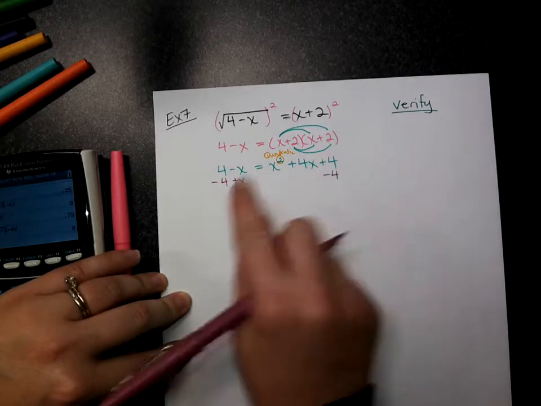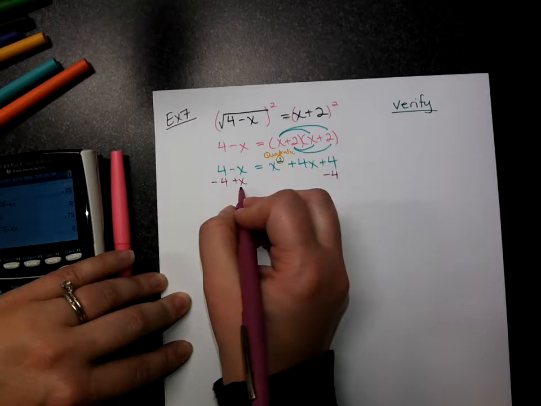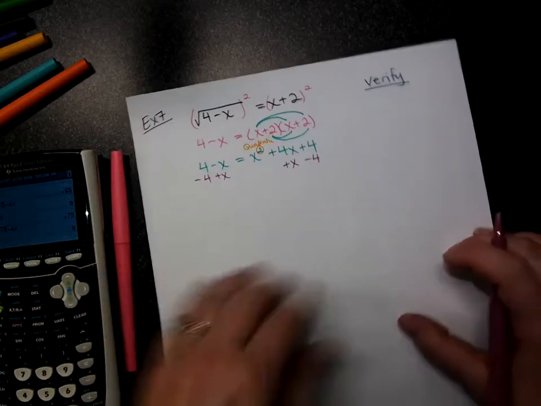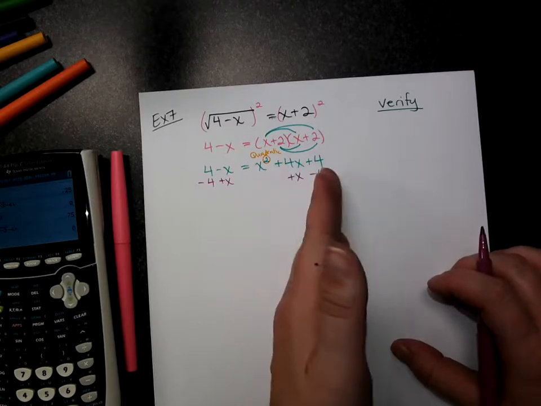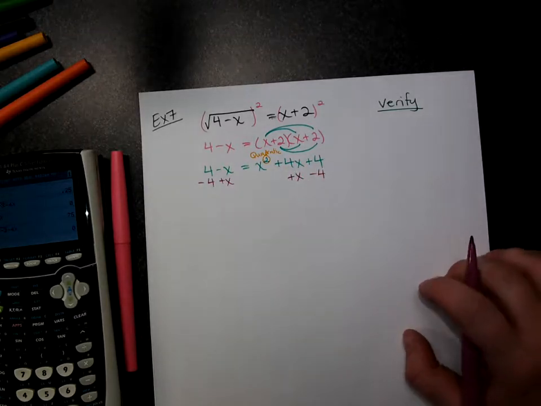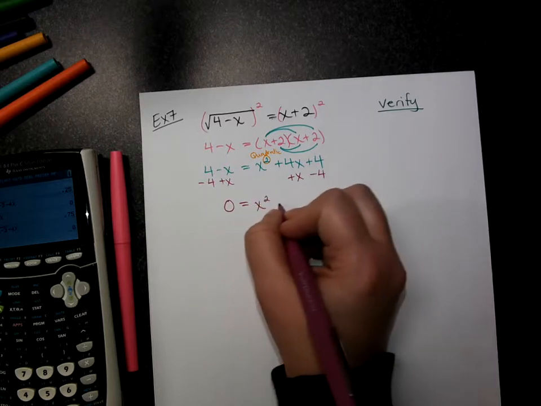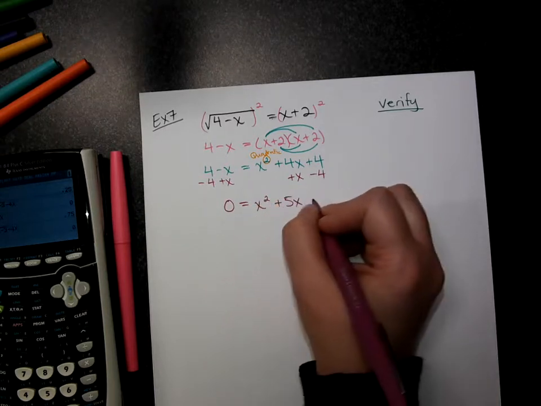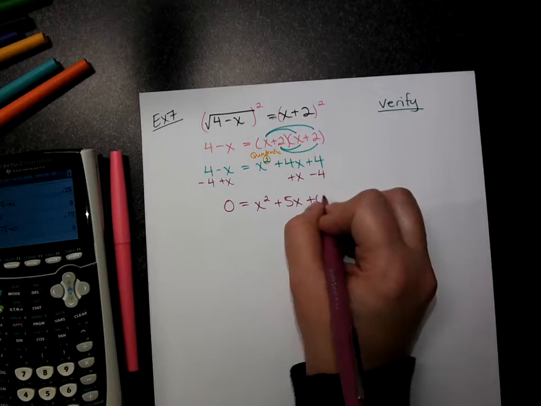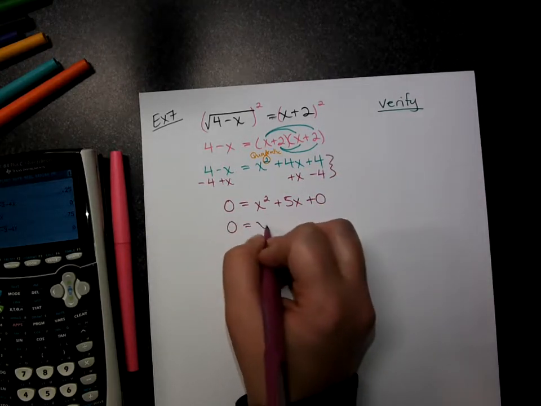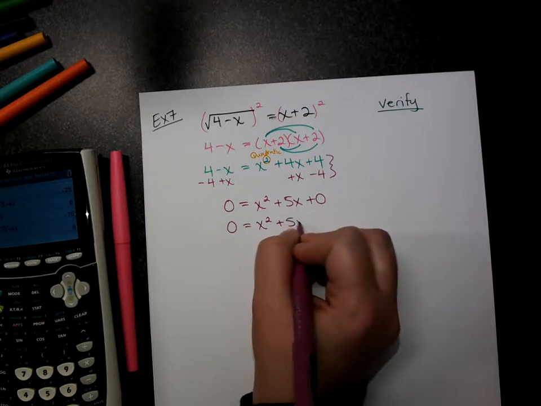I'm going to line up the minus 4 under the constant term and then add the x to the middle term. So you can only add and subtract like terms, and you can line them up appropriately. So we have 0 equals x squared plus 5x, and then plus 0. These two 4's zero out. So all you really have is x squared plus 5x.